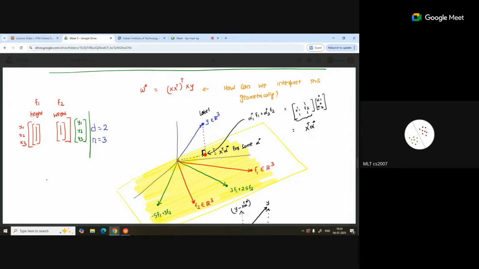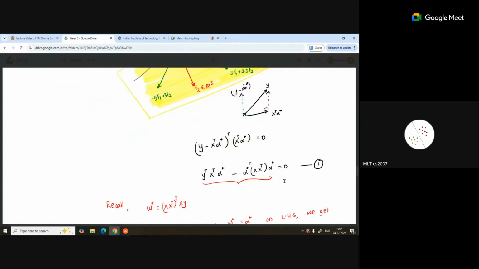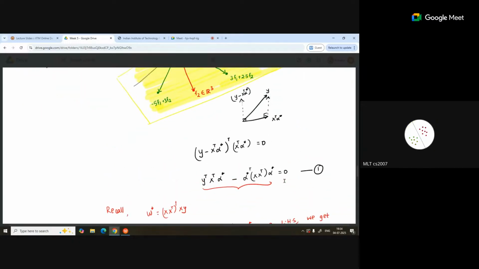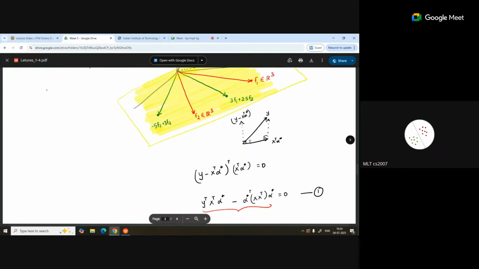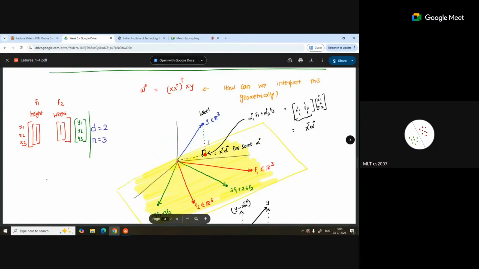This projection is X transpose alpha star, and the error vector is Y minus X transpose alpha. This error vector is perpendicular to X transpose alpha star.